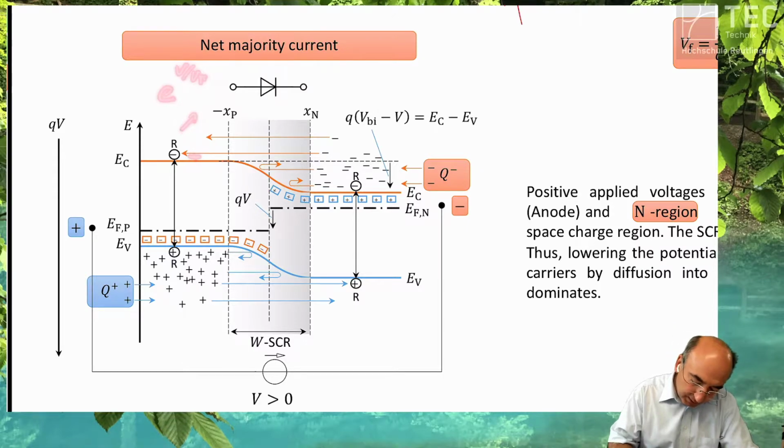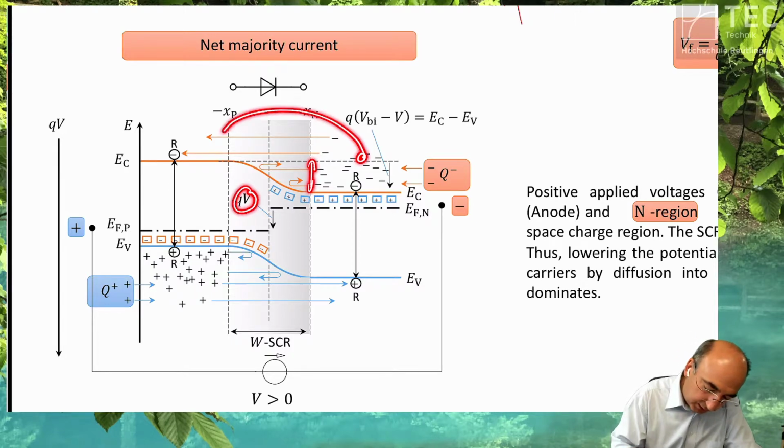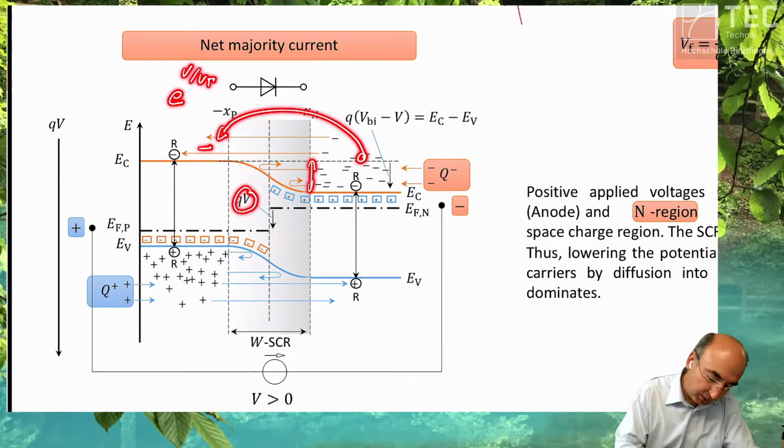This means this reduction in the barrier due to your applied voltage gives you the potential to inject electrons, and the number of electrons therefore increases exponentially, V divided by Vt, times N0 in this P region.